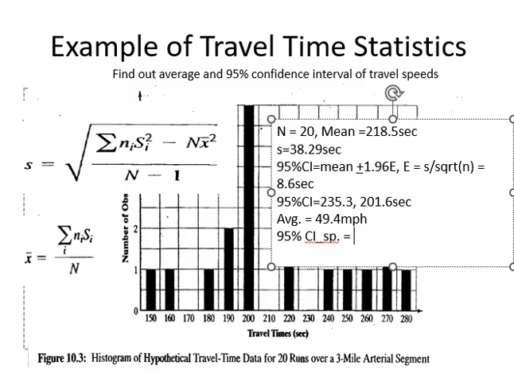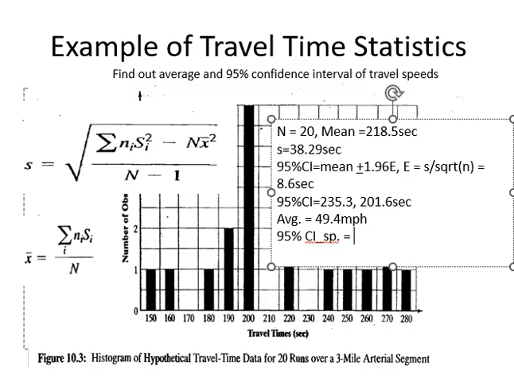In one of the previous years and semesters, somebody calculated the E for time, and then put in the mean of speed and tried to calculate the confidence interval of speed directly. This will not work, because the time has a different scale.